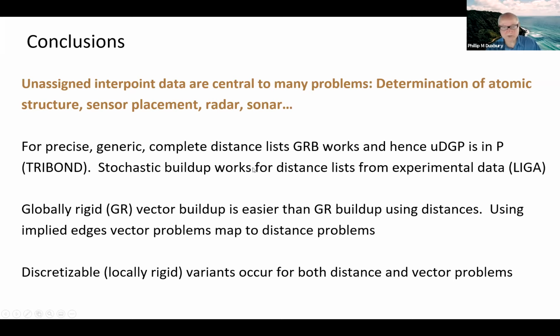So a way forward is to try to use the ideas that have come out of what Louise has developed, these continuous globally rigid build-up ideas, to try to get the core, and maybe something larger than a core for intervals, to use as the starting point for Liga type approaches that build up with tournaments and backtracking. We can also do globally rigid vector buildup, which is actually easier than the distance case or the scalar case. And so that's a direction that we can look at too.